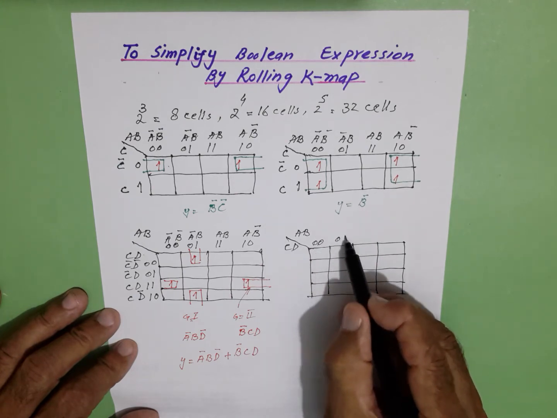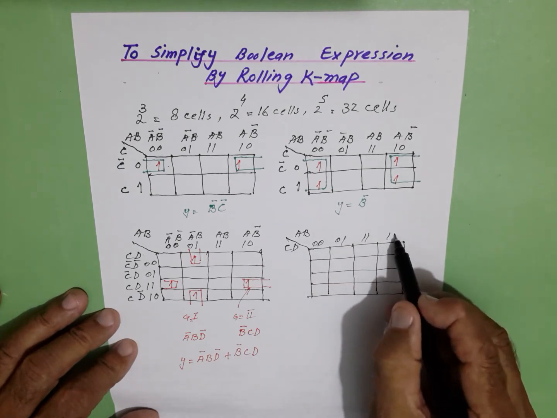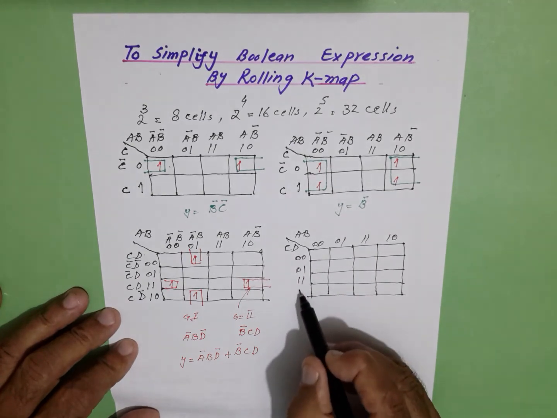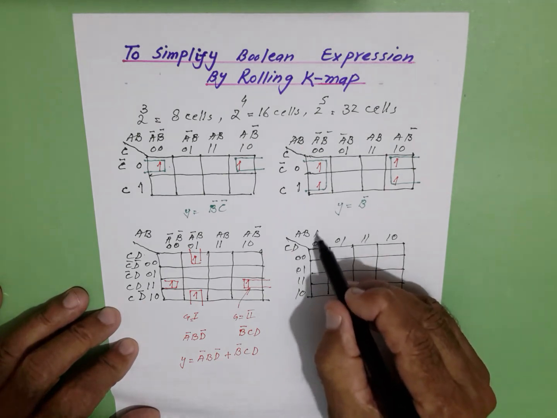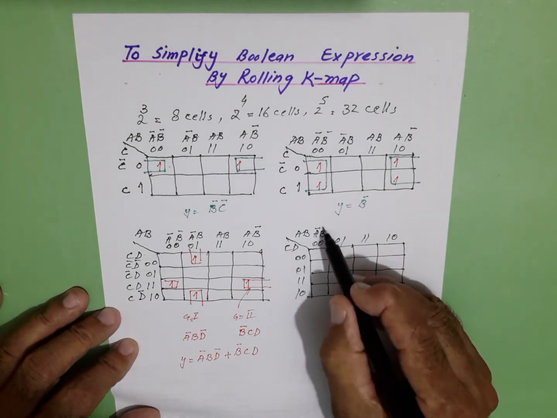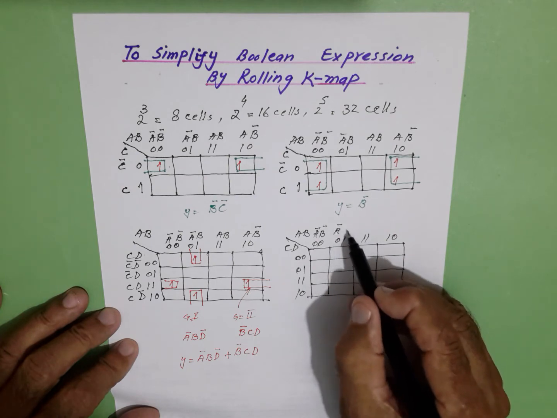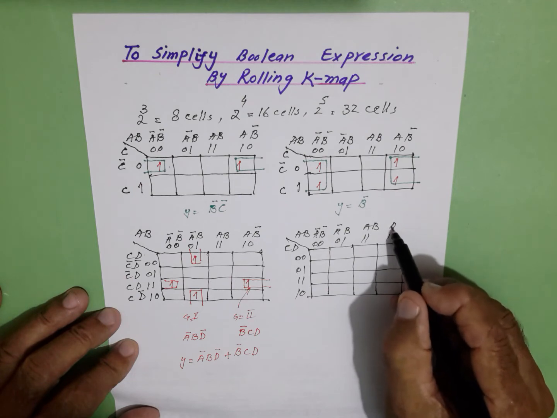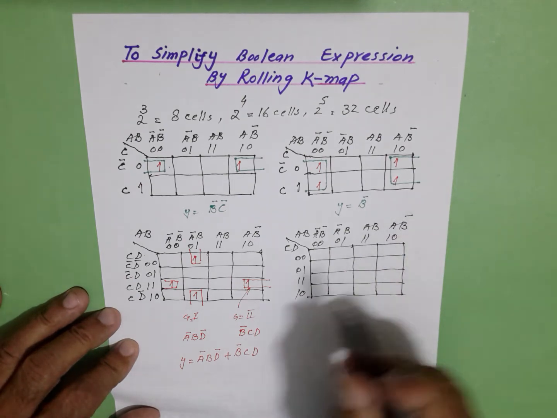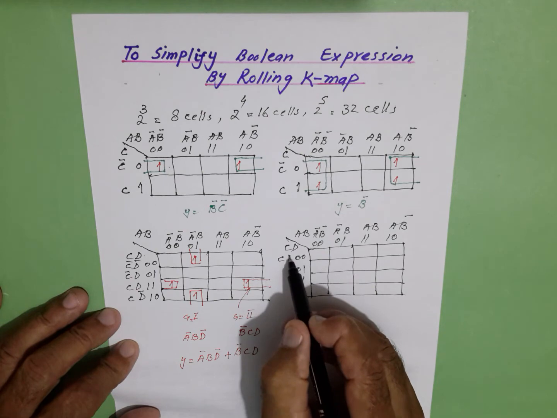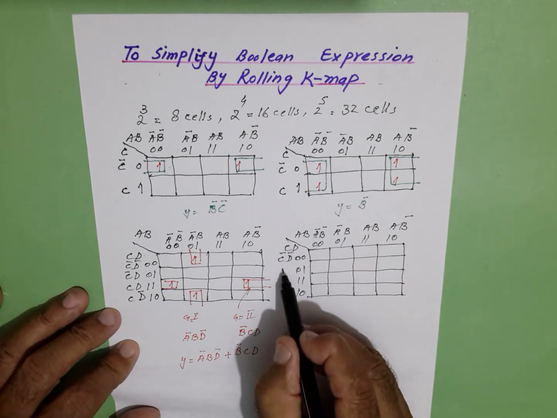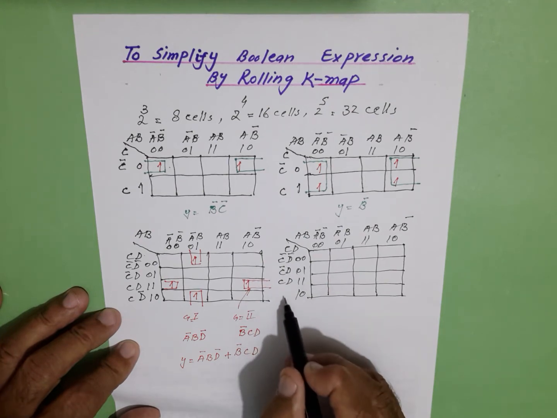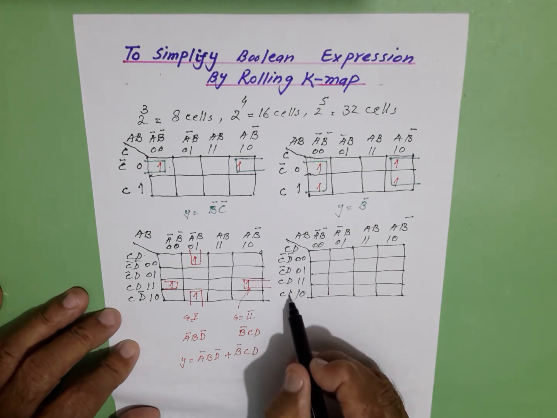For AB: 0 0, 0 1, 1 1, 1 0, and for CD: 0 0, 0 1, 1 1, 1 0, gray code. The functions are A bar B bar, A bar B, A B, A B bar. For this it is C bar D bar, C bar D, C D, and C D bar.